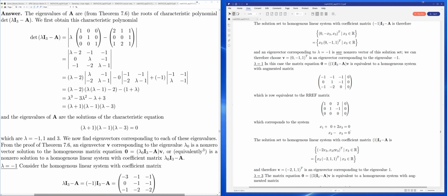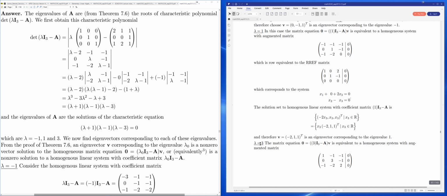It's a non-zero solution, and non-zero vector solutions to this matrix equation would give me eigenvectors for lambda equal to 1. Therefore, (minus 2, 1, 1) is an eigenvector corresponding to eigenvalue 1. And that's how you get the eigenvector corresponding to eigenvalue equal to 1.